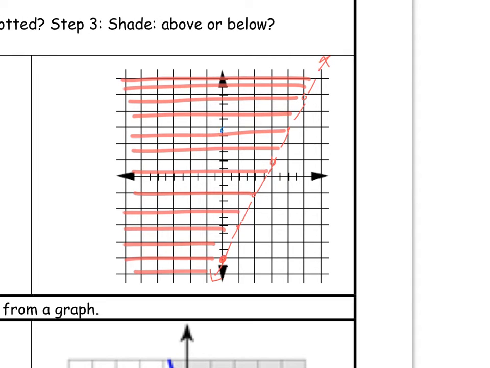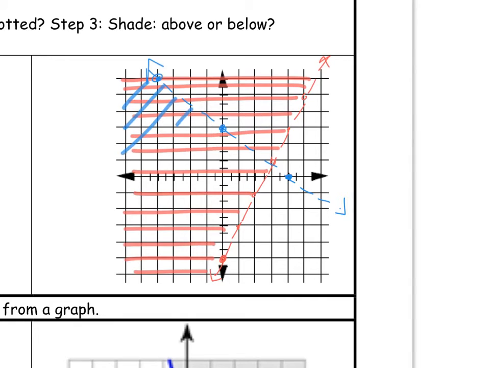My y-intercept is at 3, down 3, and over 4. Or I can go up 3 and to the right 4, or to the left 4. And again, this one also has a dashed boundary line because it is less than and not less than or equal to. So we're going to shade below the boundary line.